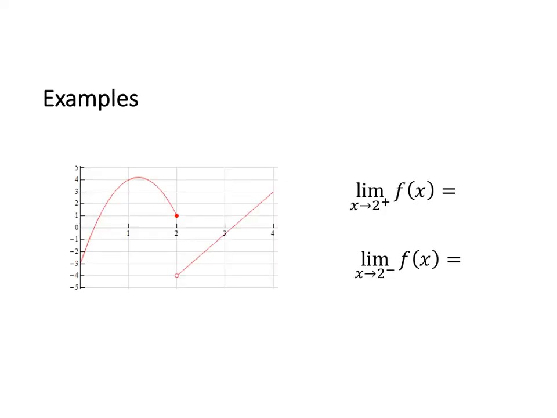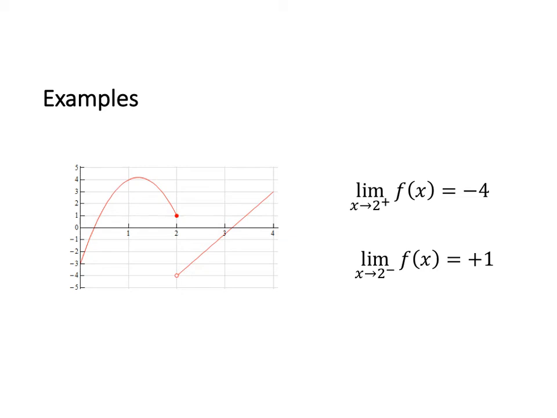All right, let's look at an example here. We've got a function f of x, and we have two limits here. We have the limit of f of x as x approaches 2 plus. Now, the plus means we're coming from the right-hand side. In the other case, we have the limit of f of x as x approaches 2 minus. That means we're coming from the left side.